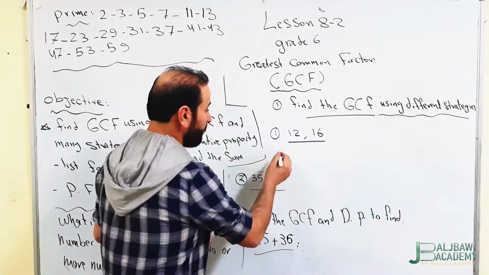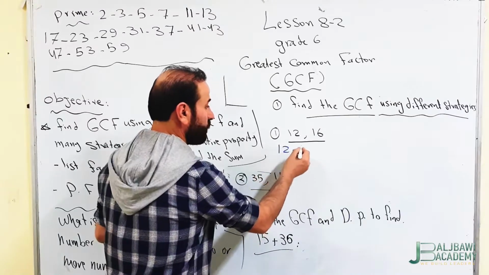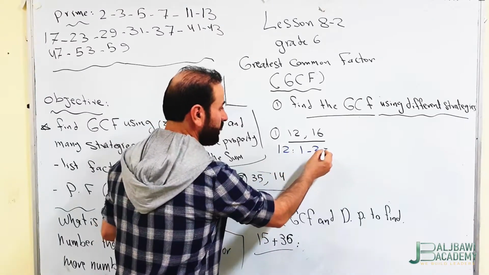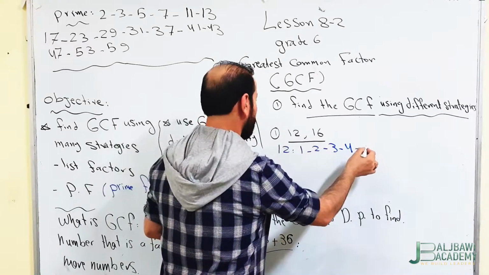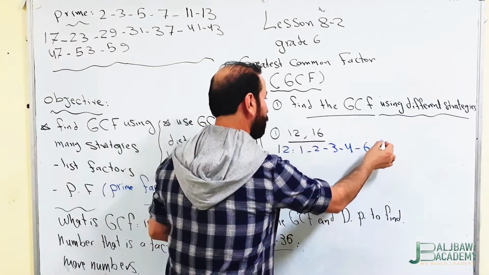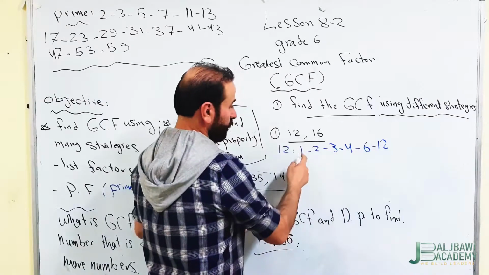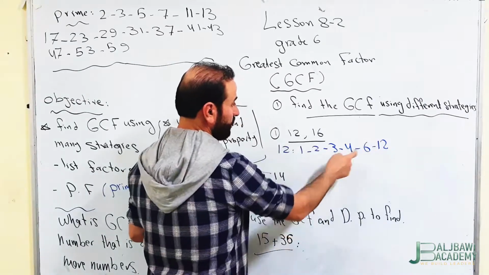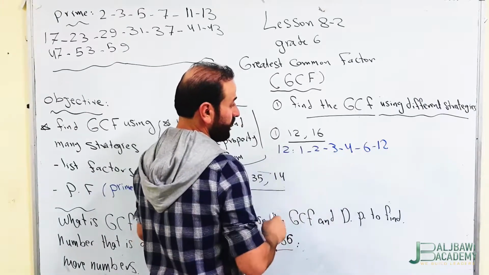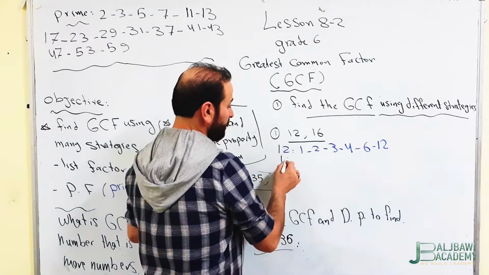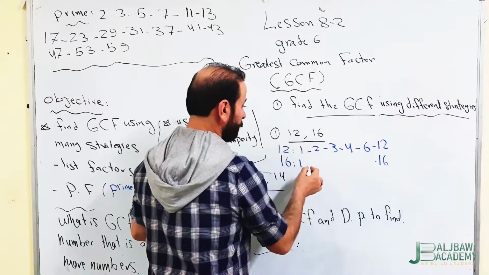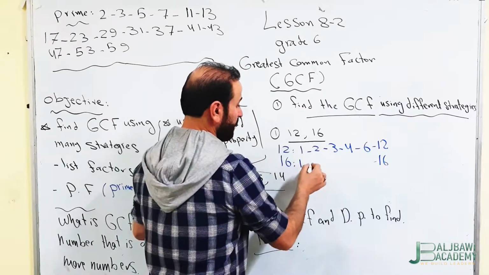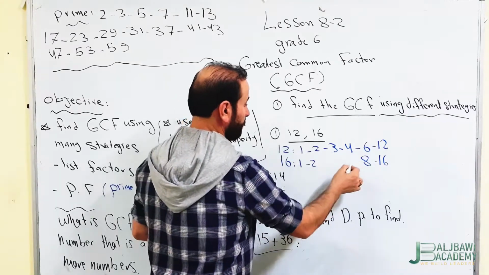Now I write the factors of 12, which are 1, 2, 3, 4, 6, and 12. 1 times 12 is 12, 2 times 6 is 12, 3 times 4 is 12. Now 16: 1 and 16, this is the first thing we write. It's an even number, so 2 and 8.